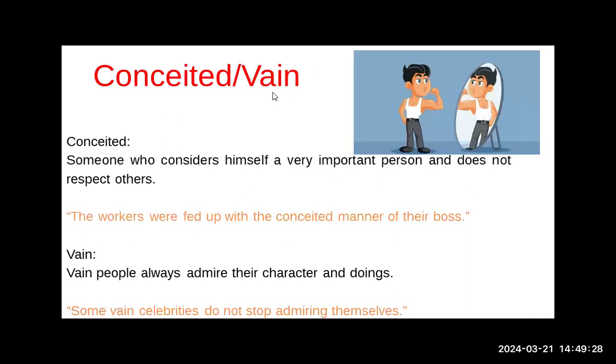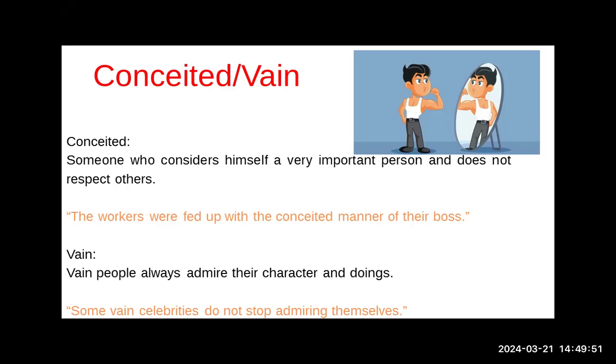Conceited or vain. They are also very similar. But vain is mostly about how you look, right? When someone says I'm vain, it means they love the way they look. Mostly it's physical. If you're vain, you love yourself too much.